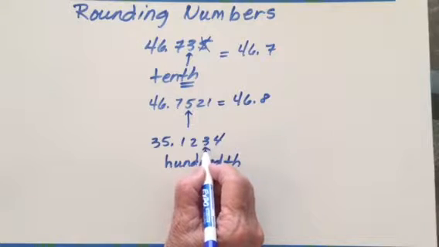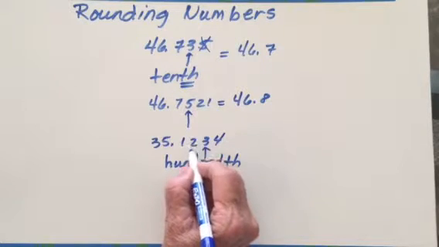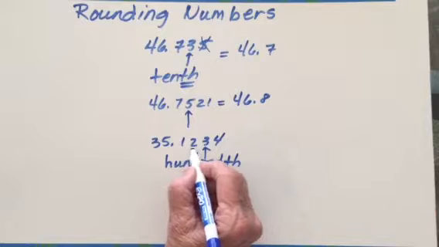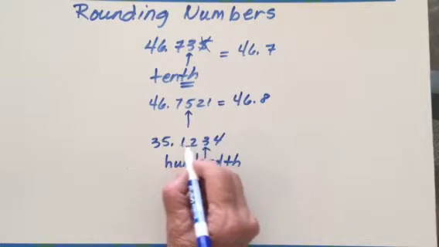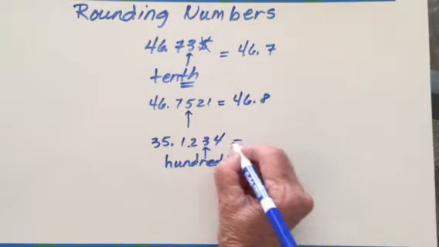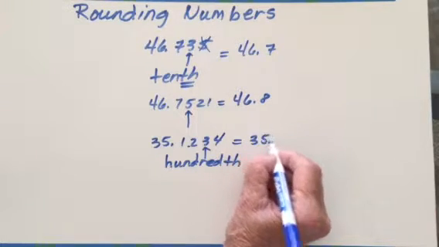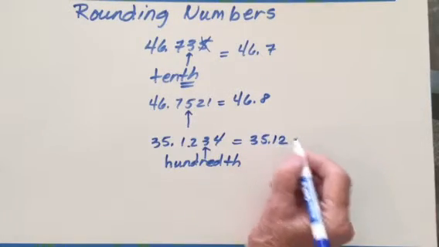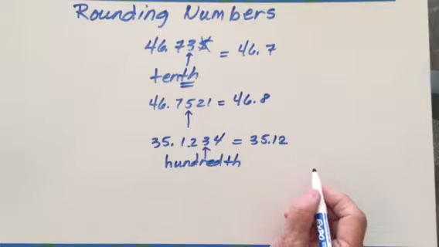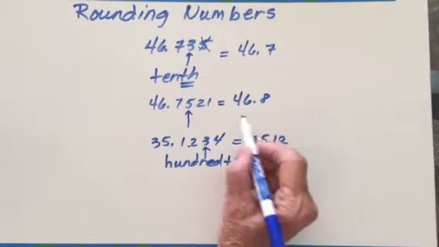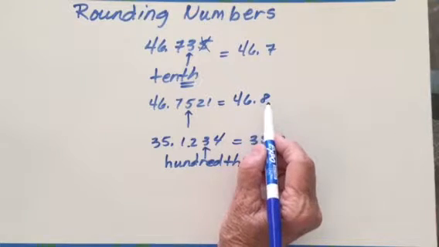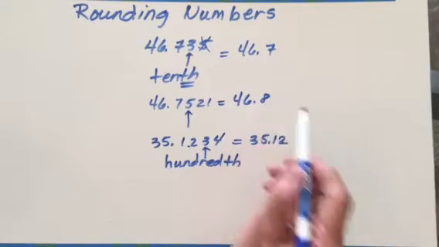I have to look at the thousandths place to round it off to the nearest hundredth. Now, because this is less than 5, this just will stay the same. So the answer will be 35.12. The correct way of reading that is 35 and 12 hundredths. By the way, this is 46 and 8 tenths. That's how we read it.